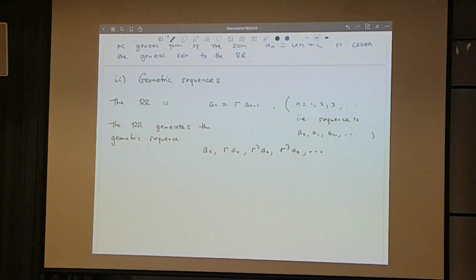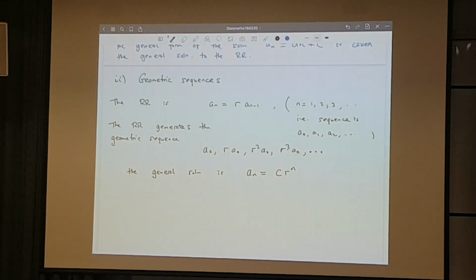And so we can just read off the general solution. The general solution is a_n is some constant times r^n.